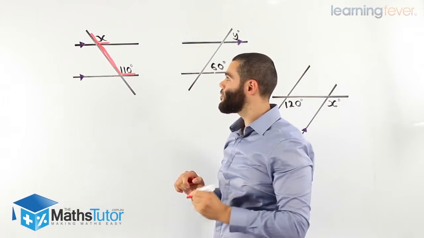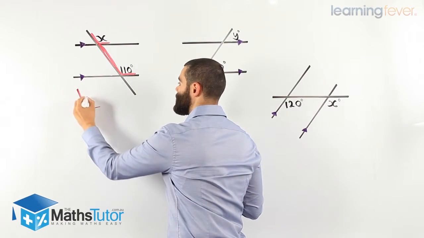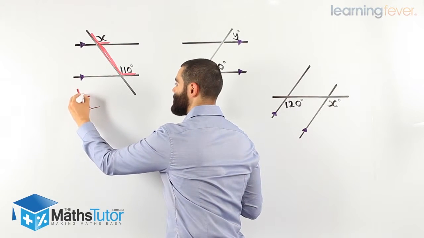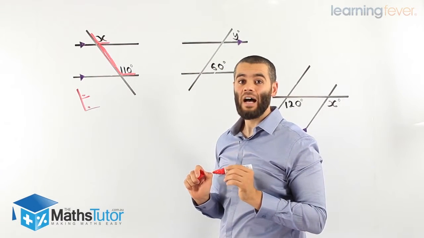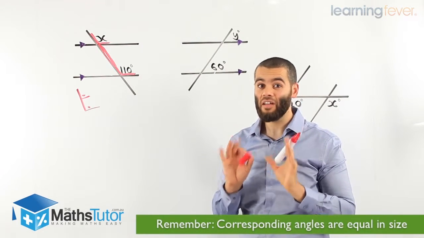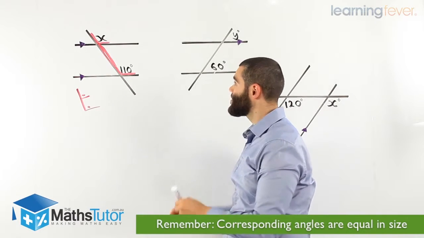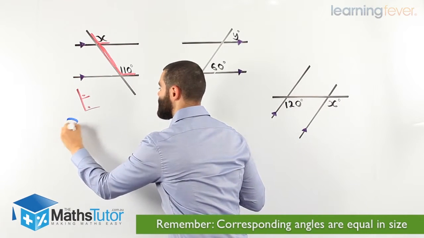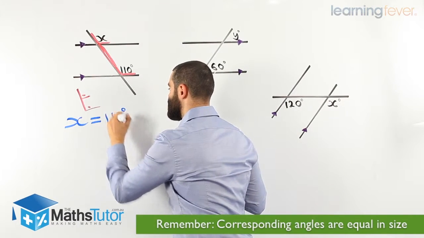Once we join them together, we can see we make an F-looking shape. Straight away we can recognize that these are corresponding angles, and we know that corresponding angles are equal. Therefore, very easy, we can say that X equals 110 degrees.